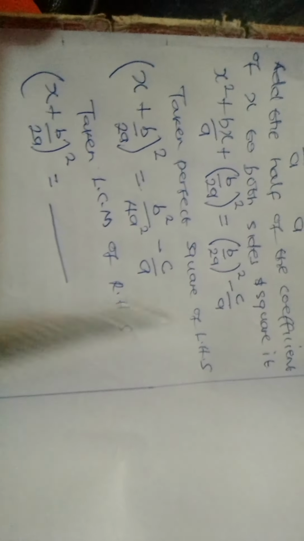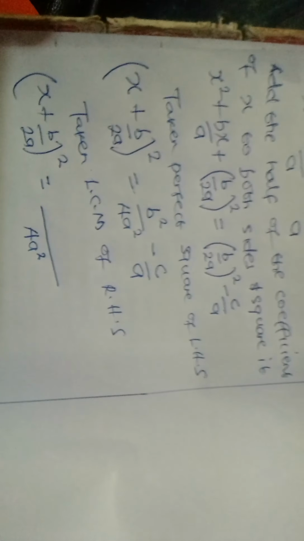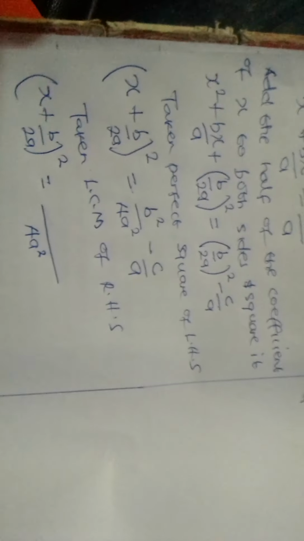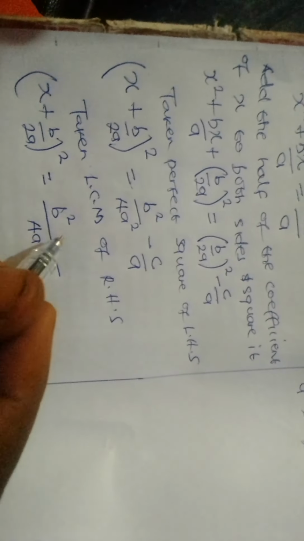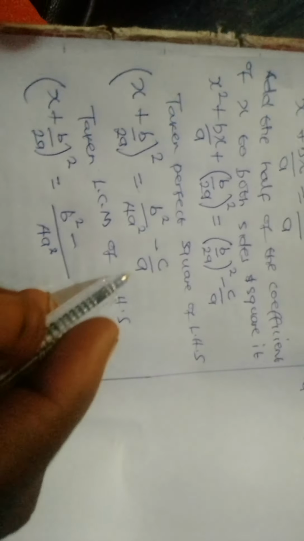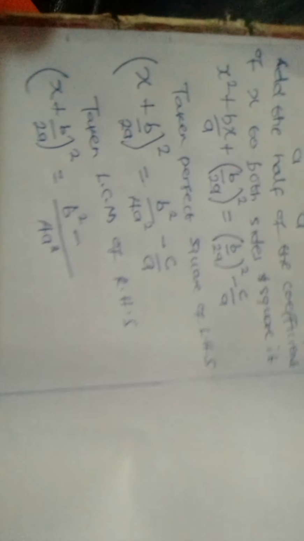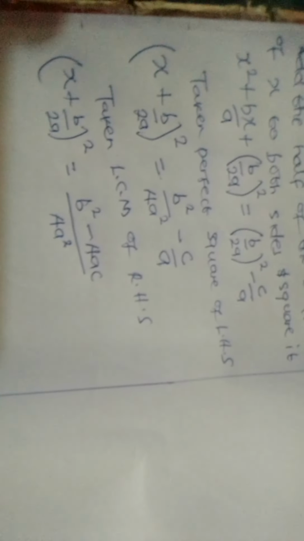It is the multiplication of the two, which is 4a square. Now 4a square divided by 4a square is 1. So 1 times b square will give us b square, minus 4a square divided by a will give you just 4a, eliminating one of the a, times c will now give you 4ac. Are we together?